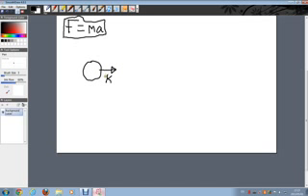Anyway, this ball is moving at a constant rate, and it has a mass equal to 60, and its speed is equal to 20 miles per hour.